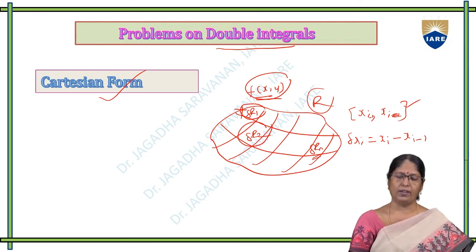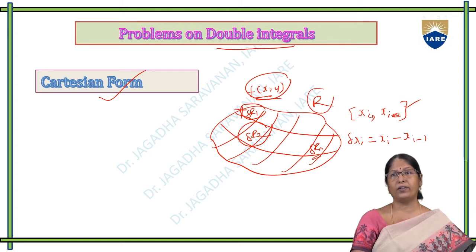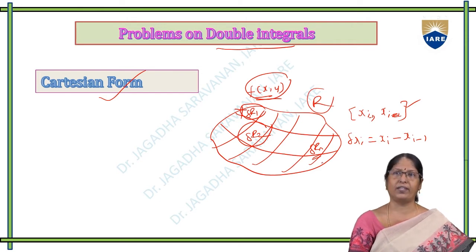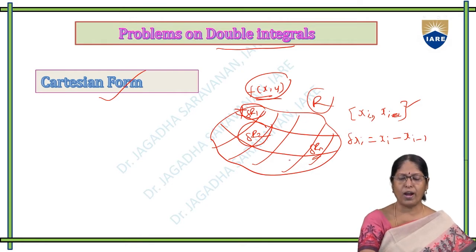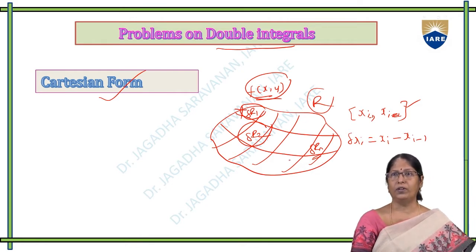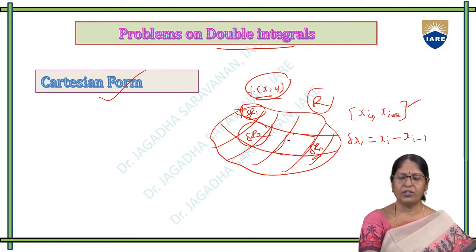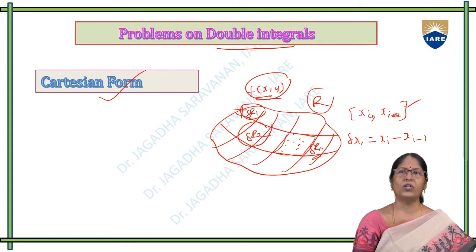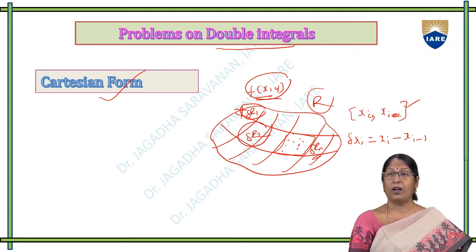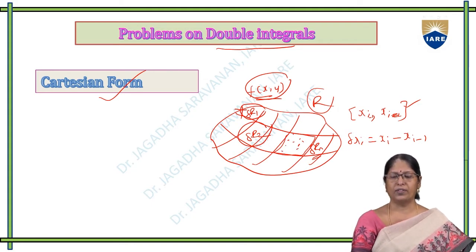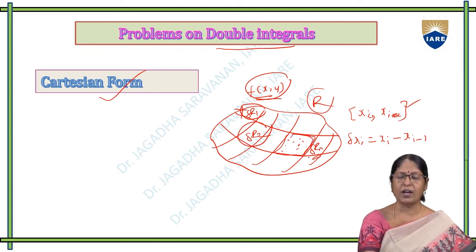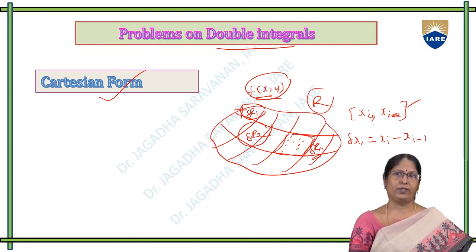Suppose this particular region we divided up to n. If this n goes up to infinity, then at one particular stage the dividing of this region will come to a point.